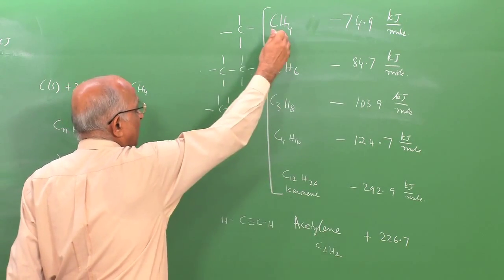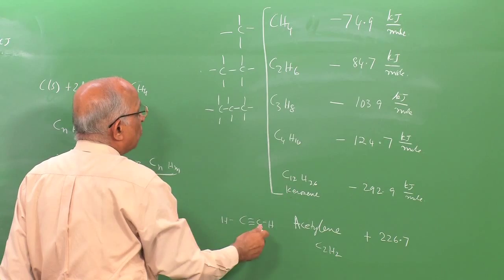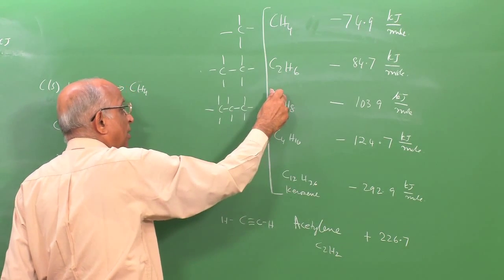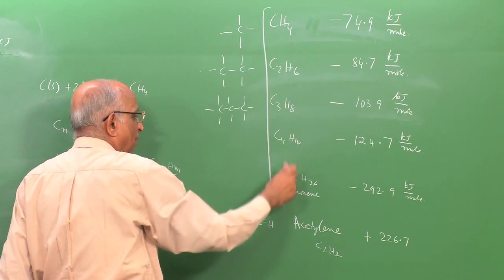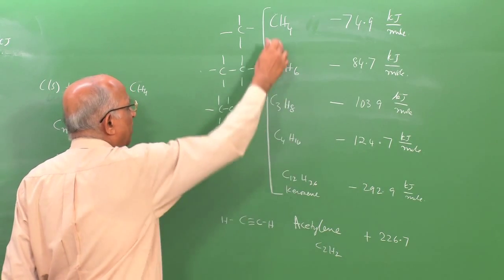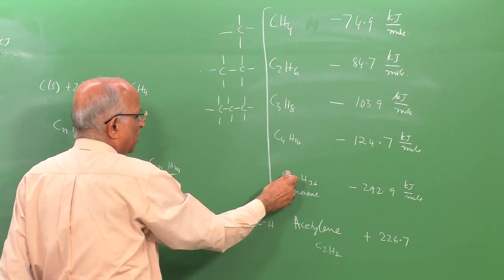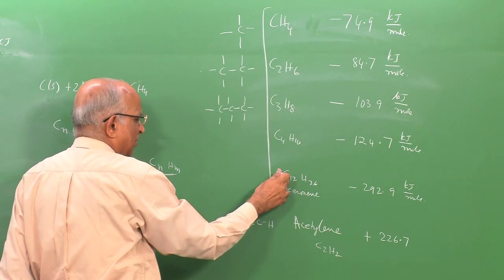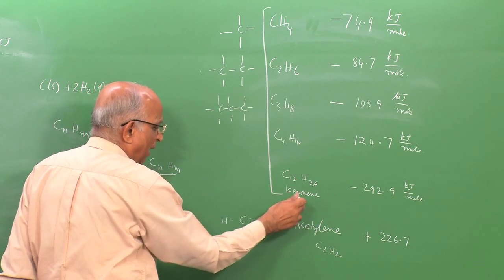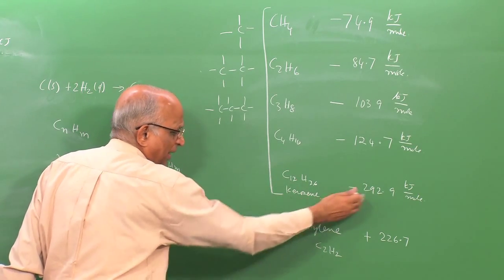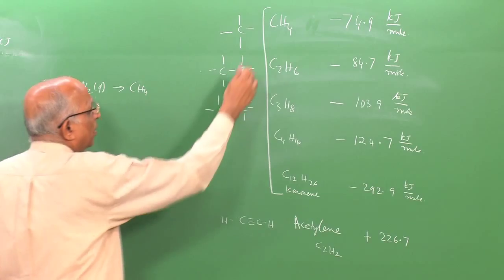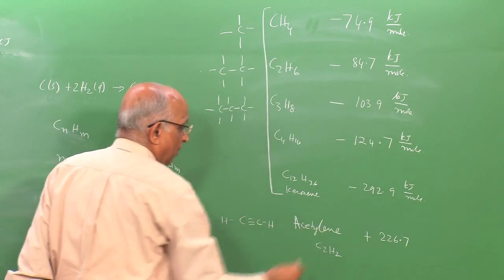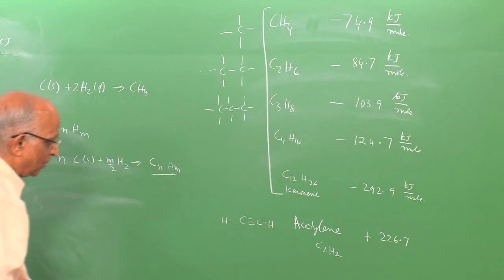We also find as the molecule becomes more complex, this is a gas, this is a gas, this is a gas, but it liquefies a little earlier, this becomes a volatile liquid. Maybe as a substance increases in complexity, from a gas phase it also exists as maybe a kerosene liquid. I go to naphthalene and naphtha which exist as solids, and therefore, we see that as the substance becomes more complex, the heat of formation becomes more negative, but has a higher value.